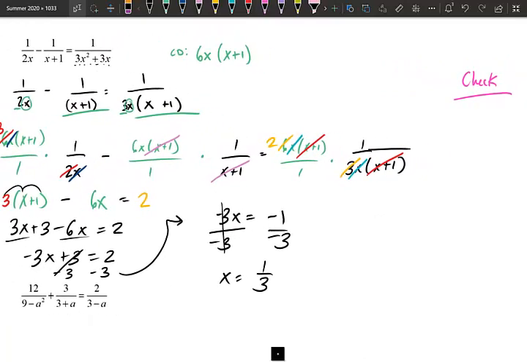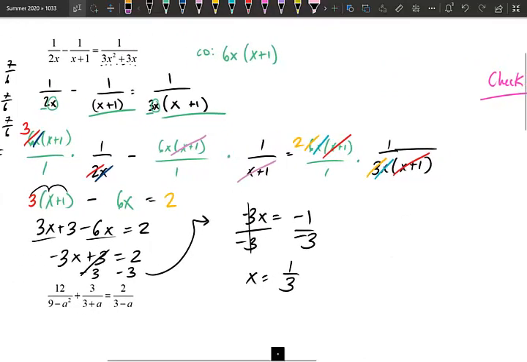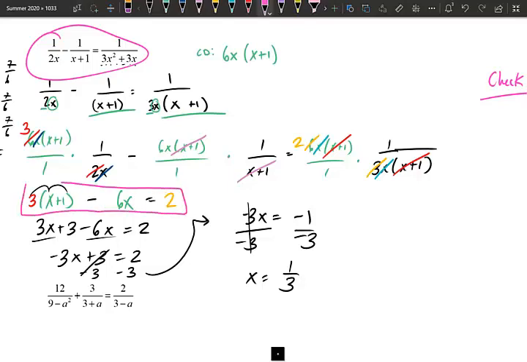Now we have to check our answer, and you're probably like, I don't want to plug it into there. I don't blame you. And guess what? You don't have to. You know what you can plug it into? This one right here. Yeah, you can. It's an equivalent form. All we did when we multiplied by the common denominator, we're not getting rid of the fraction, we're just moving it.